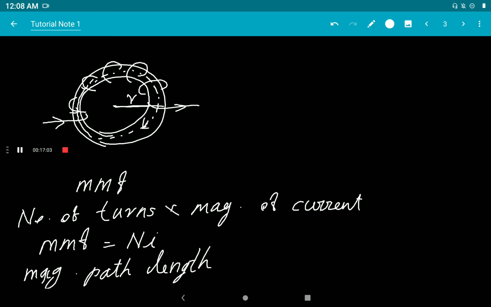The total length of this magnetic circuit will be 2 pi R. The length of the magnetic circuit times the magnetic field intensity H will give the total MMF, which is equal to N into I. So 2 pi R into H is equal to Ni.